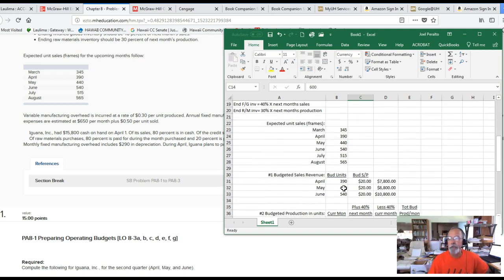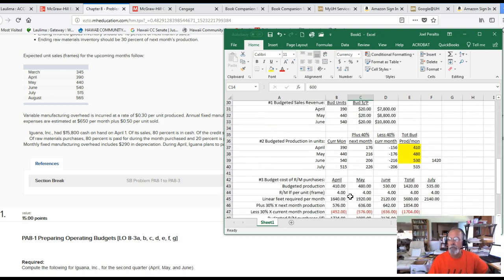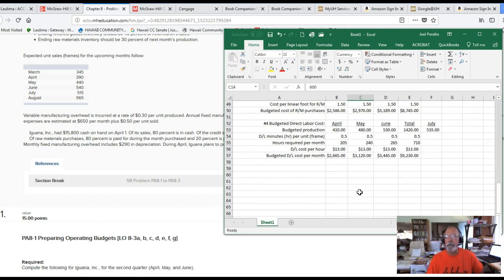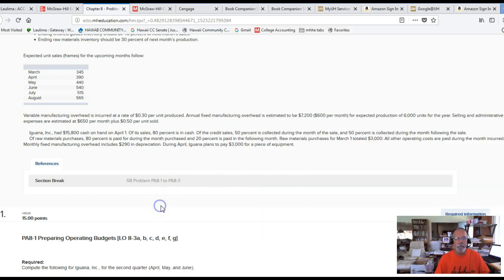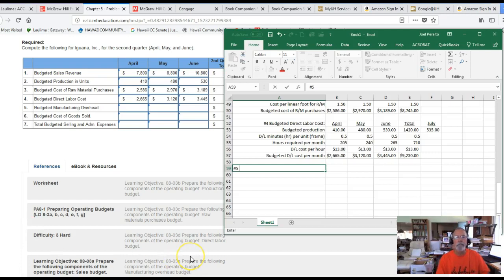and that's at a production level of 6,000 units. And so at our current production levels, as far as we can tell, we're within that 6,000 unit production ceiling for the overhead. So let's see, 5 is budgeted manufacturing overhead.